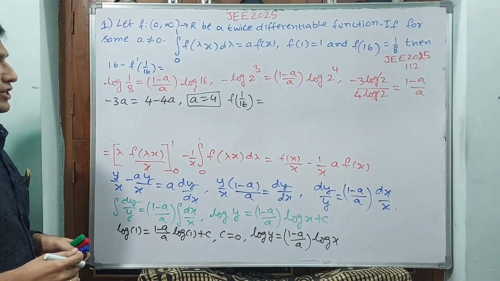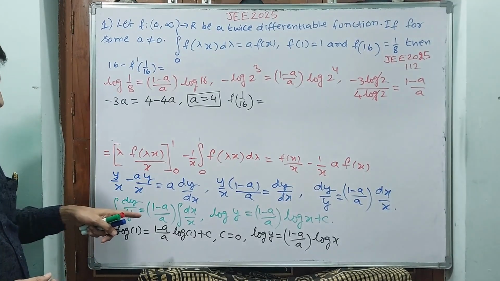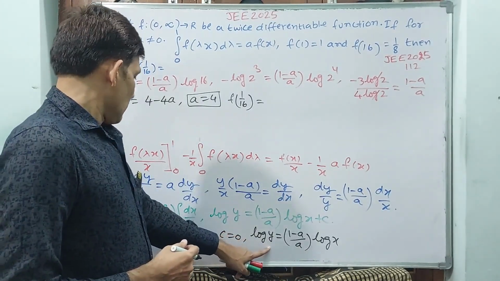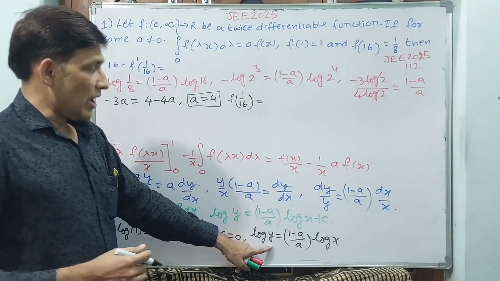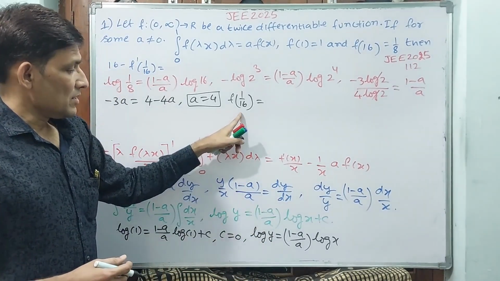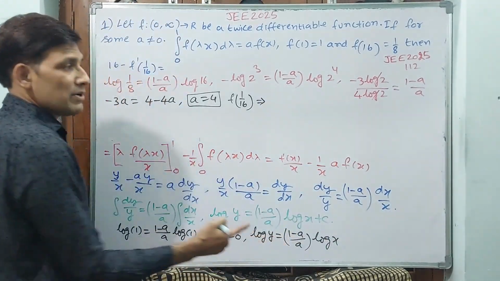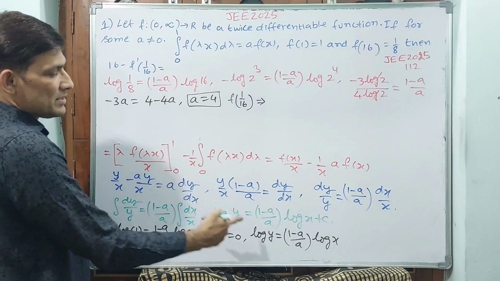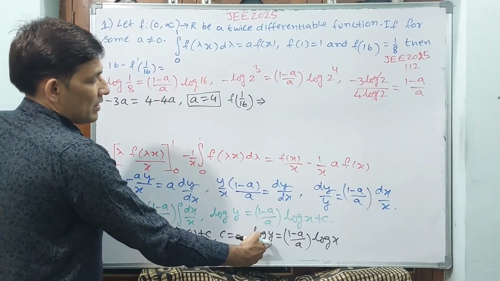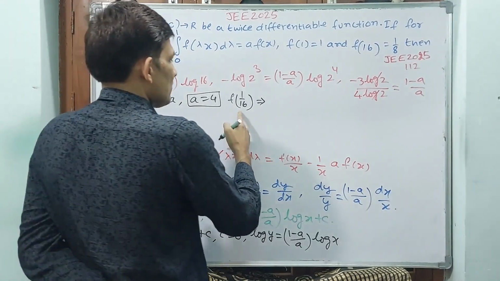F of 1 by 16 means what you are going to do? Y is equal to... y directly you cannot get, log y you will get. Because 1 minus a by a, you know a value is 4, so it is 1 minus 4 by 4, minus 3 by 4. That means y value is required, because x value is 1 by 16.